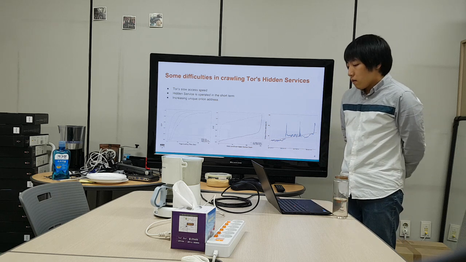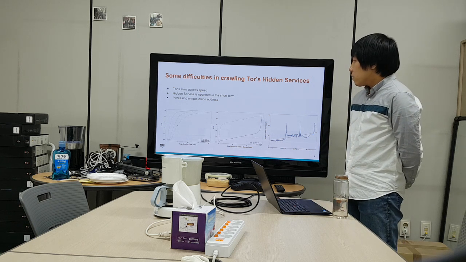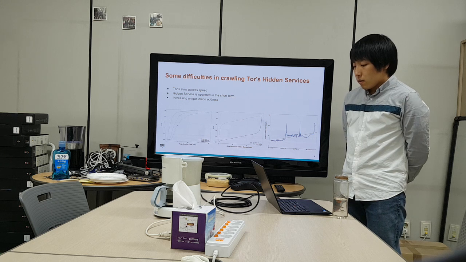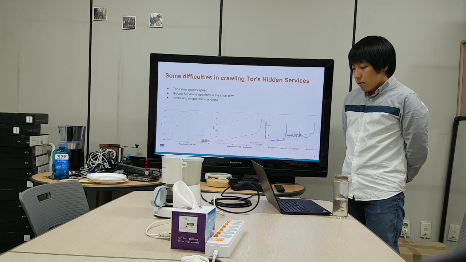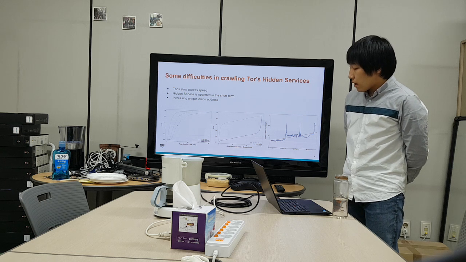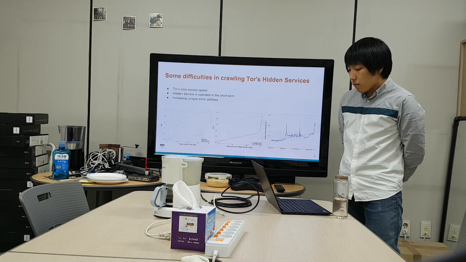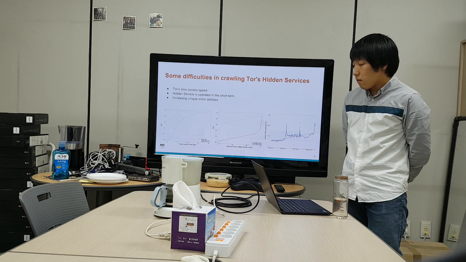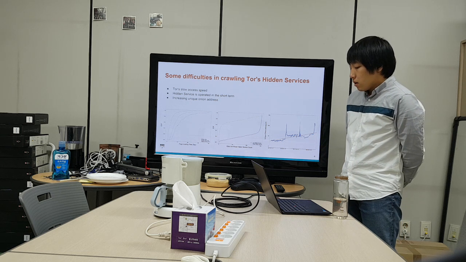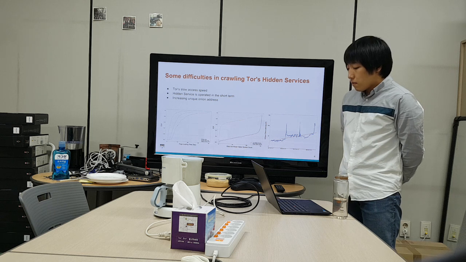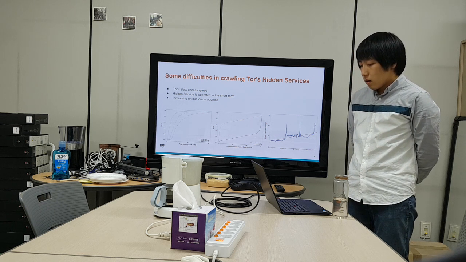There are some difficulties in crawling Tor's hidden service. First, Tor's slow access speed. Hidden service has 2.3 times slower page loading time than Surface Web. Even Surface Web using Tor is 3.8 times slower.